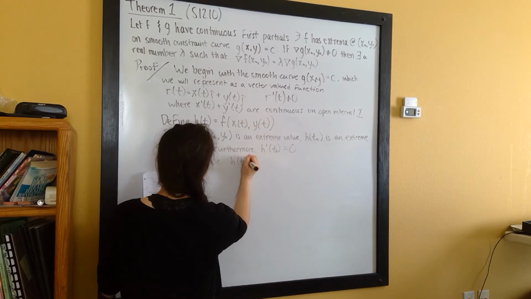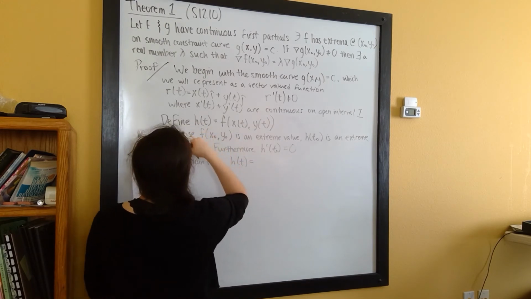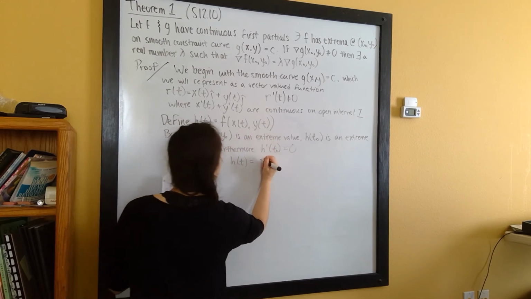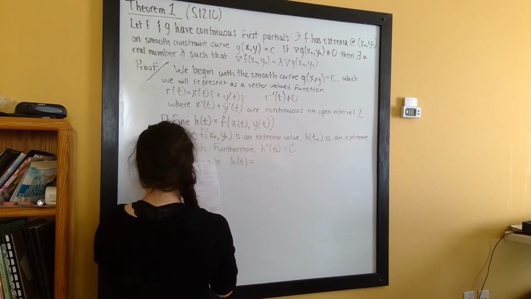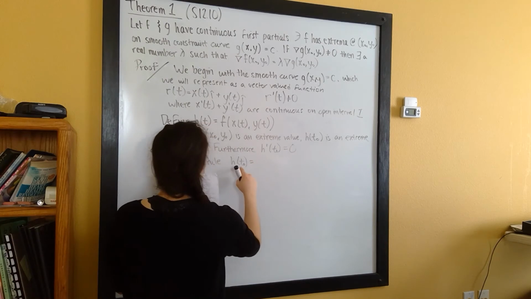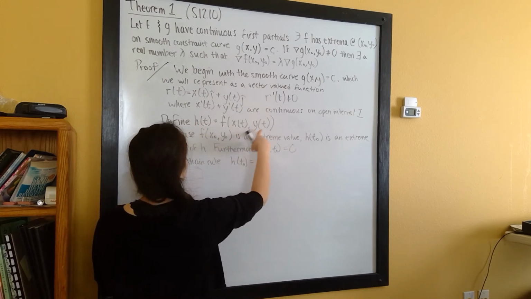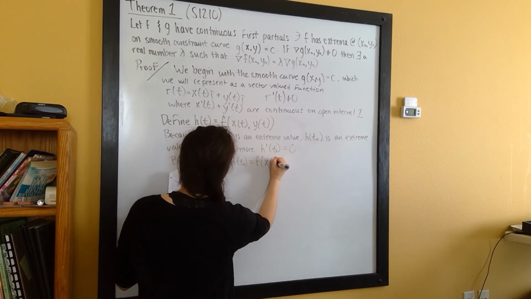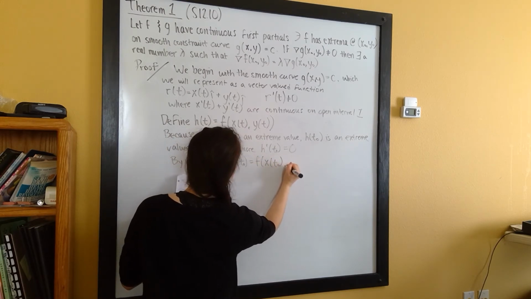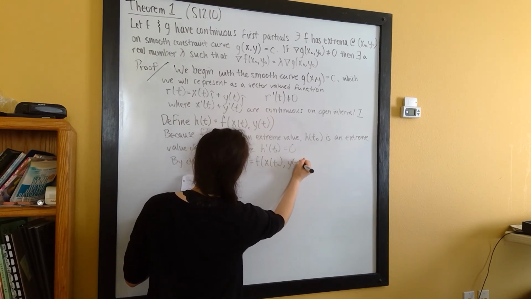h of t, up here we defined it as this, h of t naught, we defined it earlier as this, so it would be equal to f of x of t naught, y of t naught.